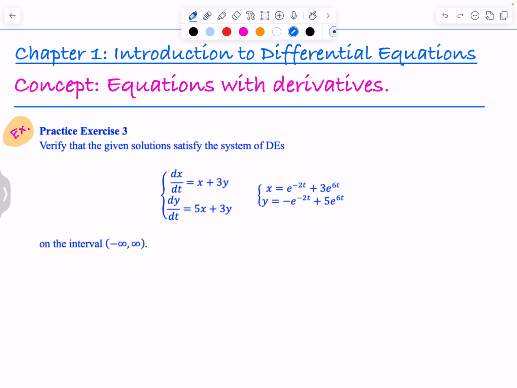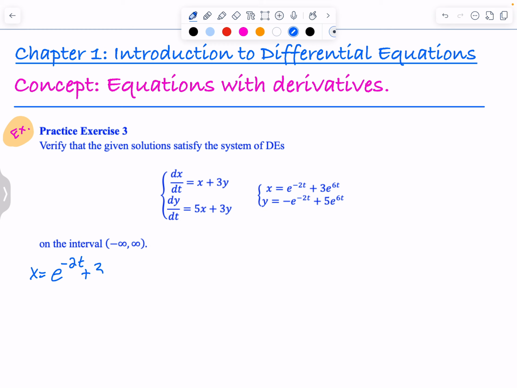All right, so with verifying this, they have these two equations, and then this is your setup. All you have to do is find this derivative and try to match it to that and see if I can get them to work out. So let's actually find our derivatives first. I have x is e to the negative 2t.